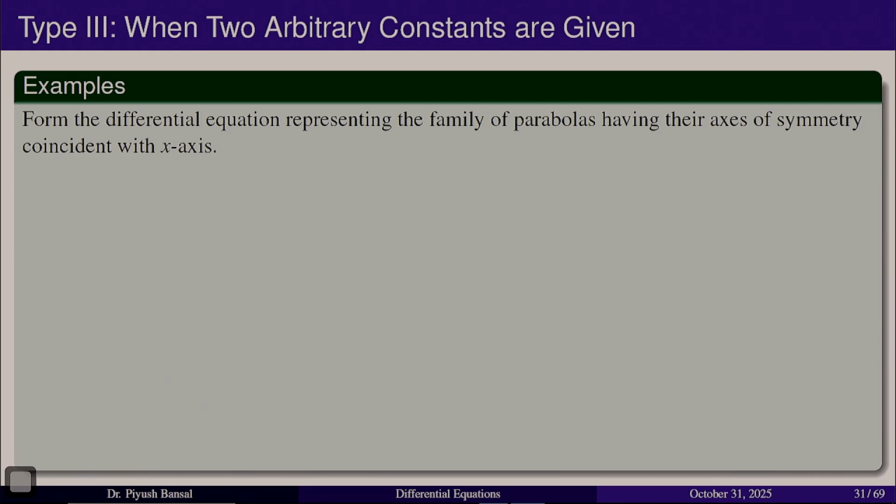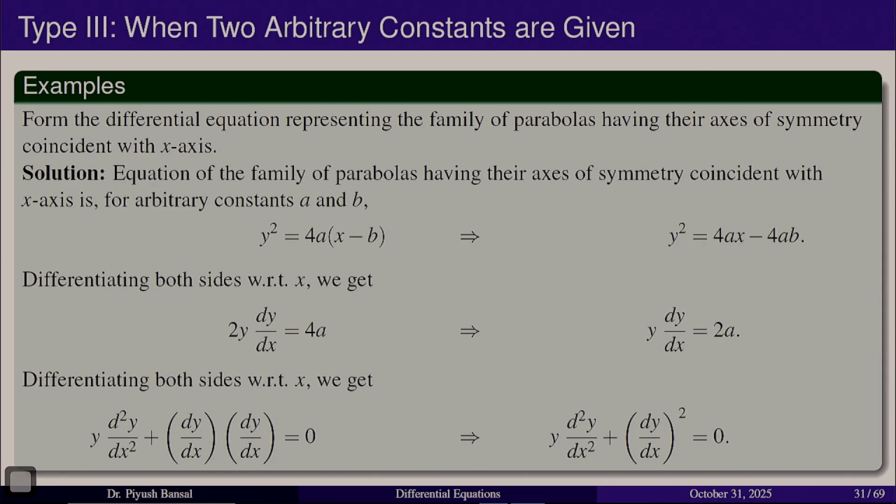As the second example, it asks us to form the differential equation representing the family of parabolas having their axis of symmetry coincident with the x axis. We just saw that such a family will satisfy the curves y square equal to 4a(x minus b), where a and b are arbitrary constants. Again, we separate out one of the variables.